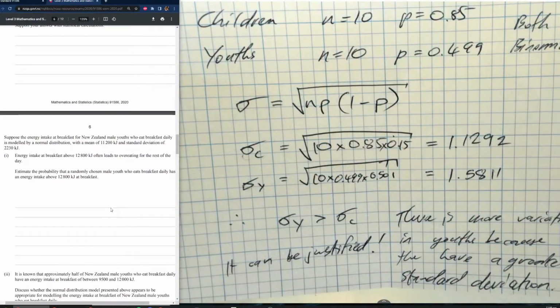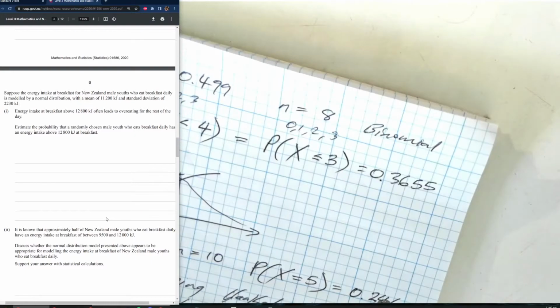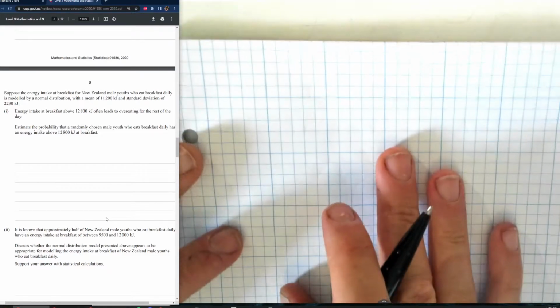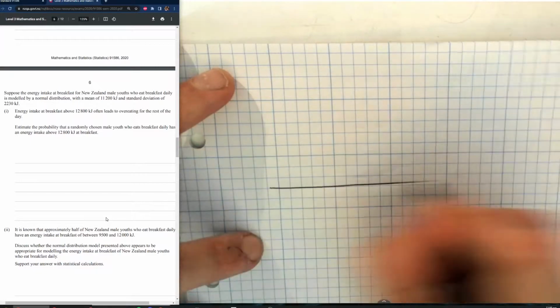Okay. Suppose the energy intake at breakfast for New Zealand male youths who eat breakfast daily is modeled by a normal distribution with a mean of 11,200 kilojoules and standard deviation of 2,230 kilojoules. Okay, normal distribution, because they literally say normal distribution.